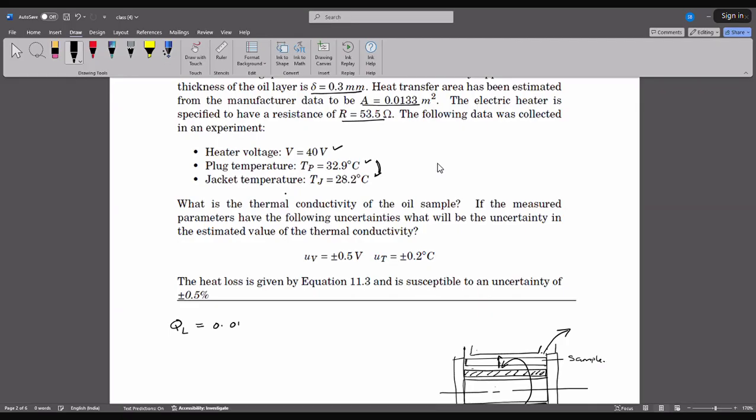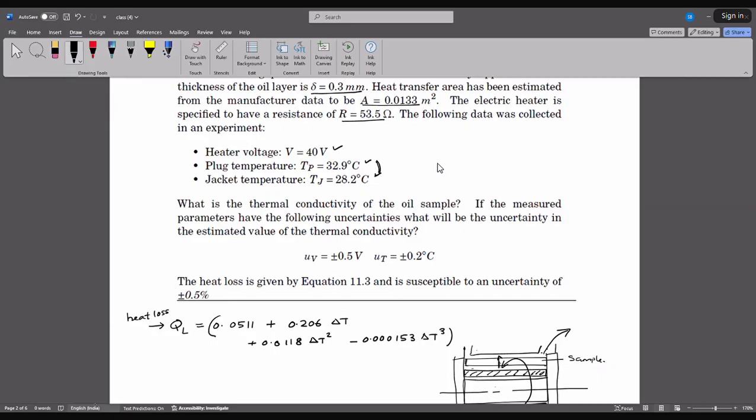So this is 0.0511 plus 0.206 into delta T plus 0.0118 delta T square minus 0.000153 delta T cube. If you look through the slide, this relationship indicates the heat loss from the system.